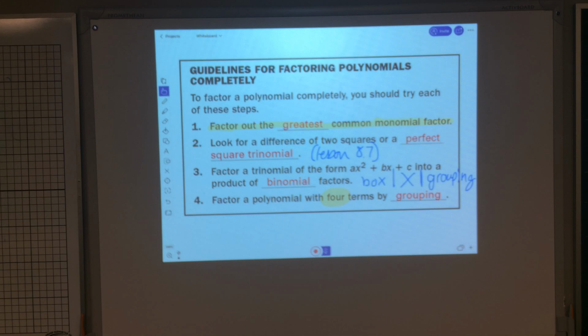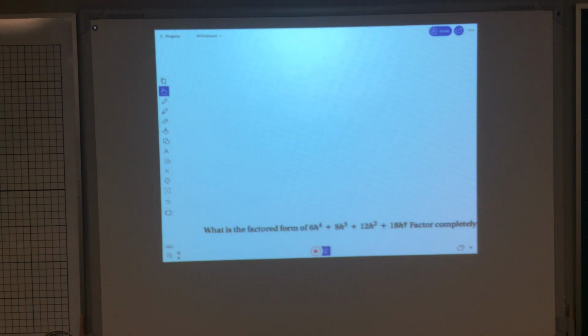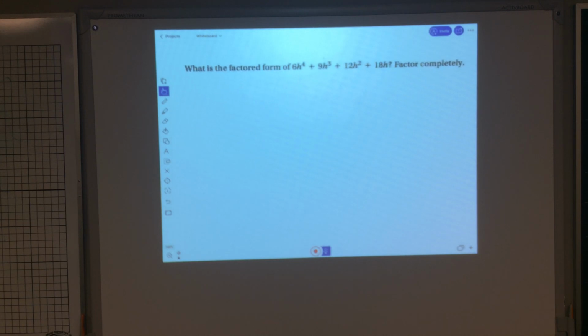So let's look at a couple more where we have an extra step. What is the factored form of 6h to the 4th plus 9h cubed plus 12h squared plus 18h? The first thing you should notice is that all of these terms have an h in them. So we know it has to first be divisible by some type of monomial.